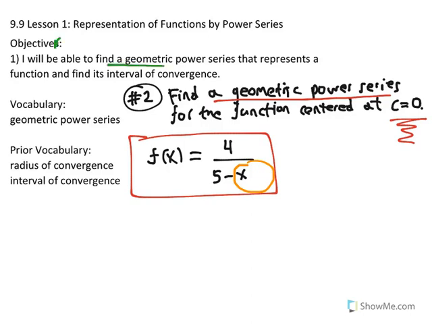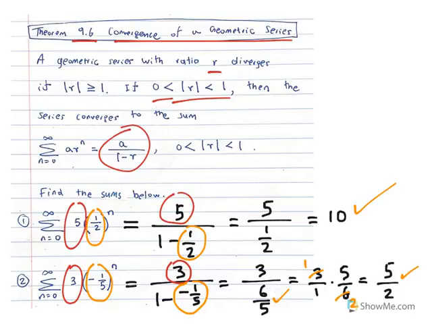You'll be able to find a geometric power series that represents a function and find its interval of convergence. To help us accomplish our objective, we will use Theorem 9.6, convergence of a geometric series.